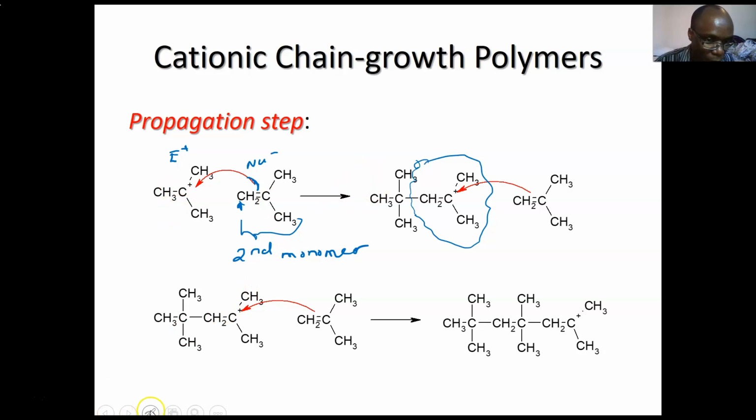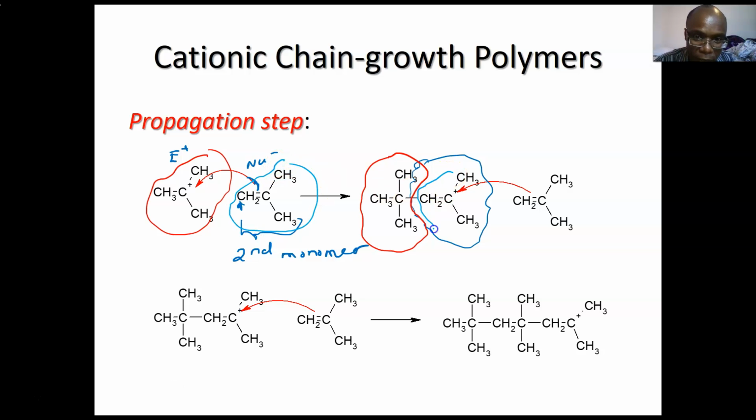So if I were to circle the group, this part right here is this part, okay, and this molecule right here is this molecule here. So this played the role of a nucleophile.